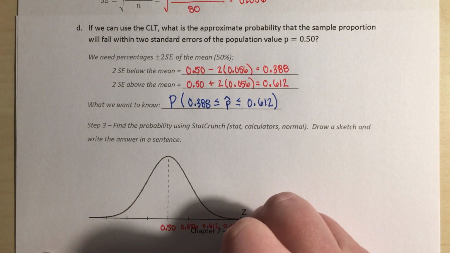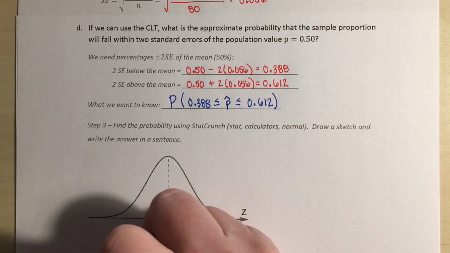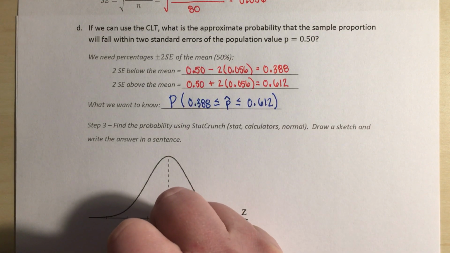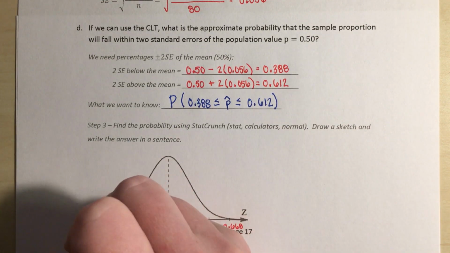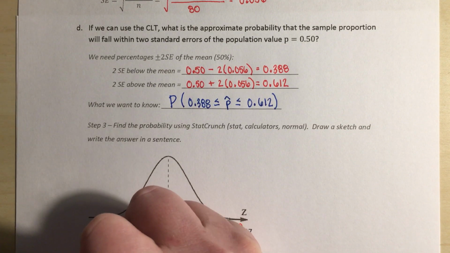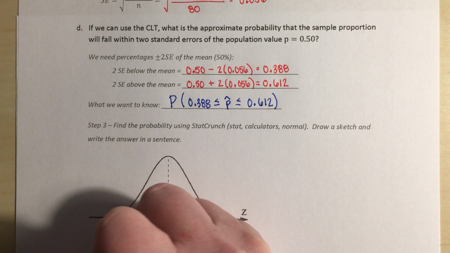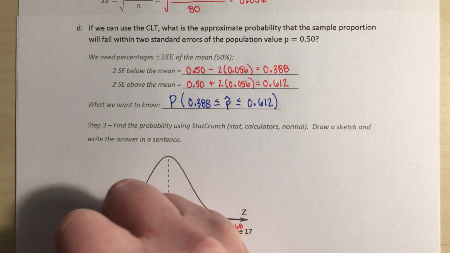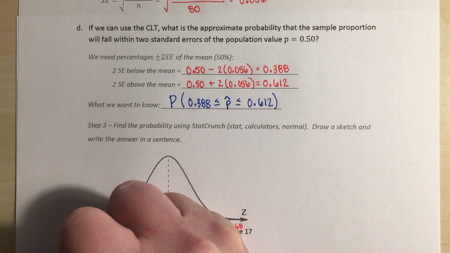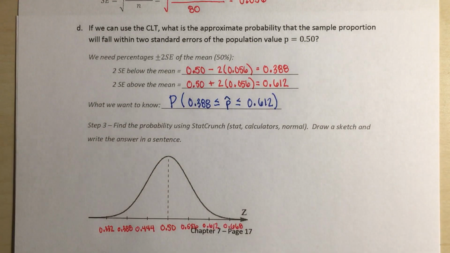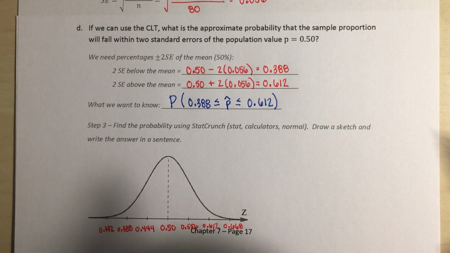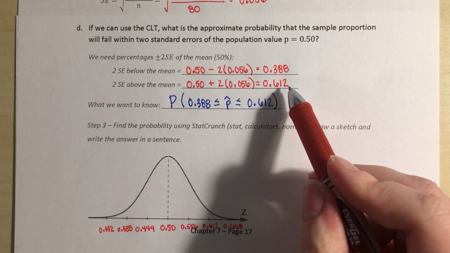We subtract, we get 0.444, 0.388, and 0.332. All right, and our problem had the values 0.388 and 0.612.